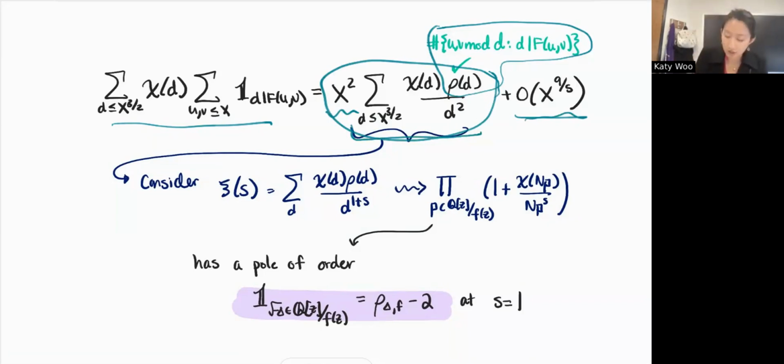Well, okay, in order to understand this sum, we're going to instead look at a Dirichlet series, which is C of s, which is going to be the sum over d of chi of d, rho of d over d to the 1 plus s. And this will converge for real part of s at least 1. And since rho is going to be the number of solutions mod d to this equation, it's going to be a multiplicative function. This Dirichlet series will have a nice Euler product expansion.